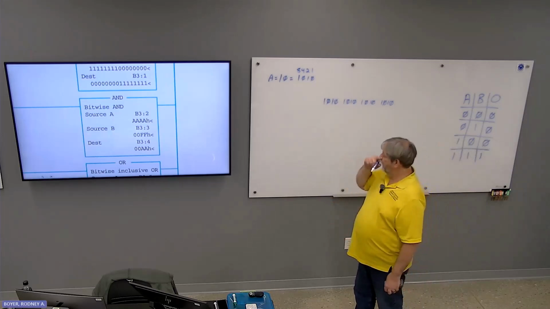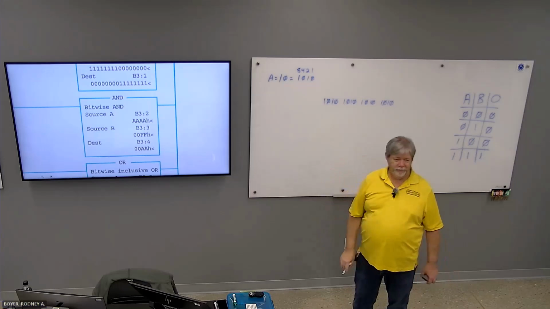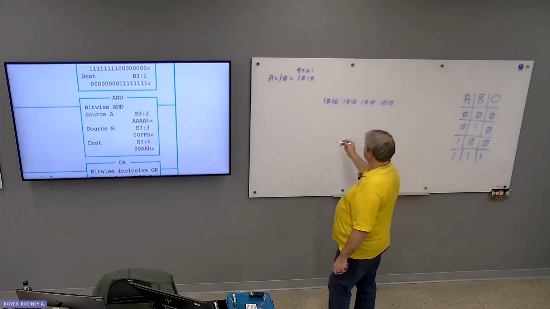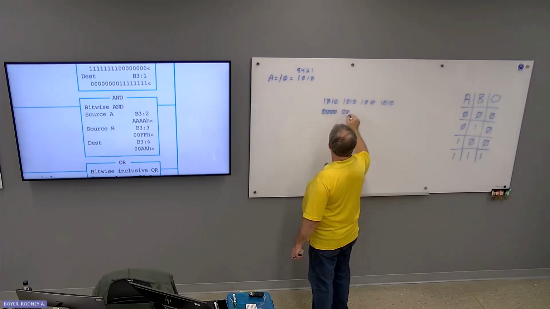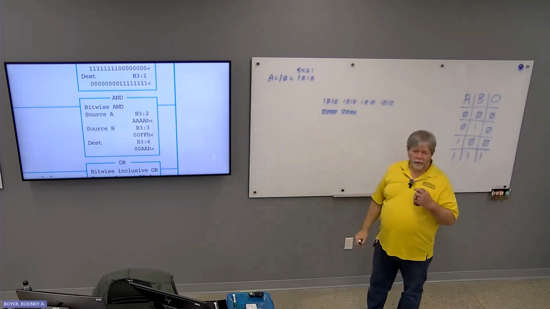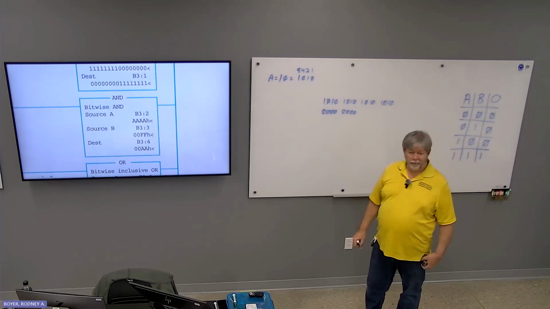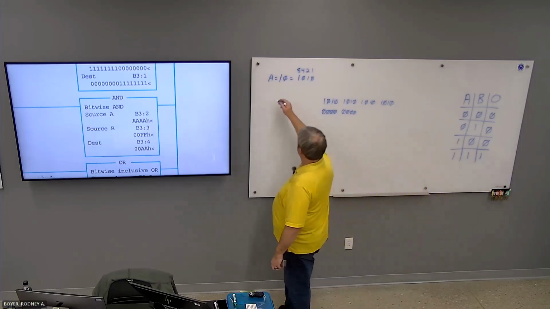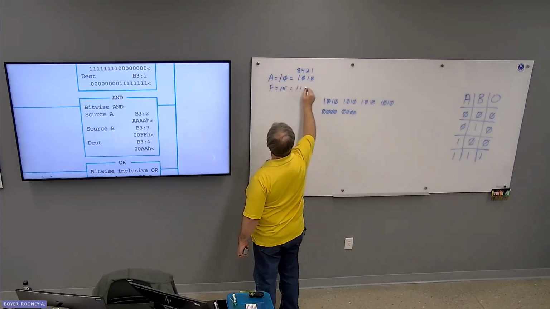Okay, and then source B, 00FF, what's 0? All zeros. So all zeros there, all zeros there. And what's F in decimal? 15 and all ones, right?